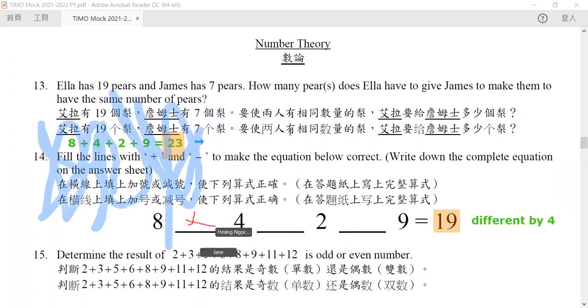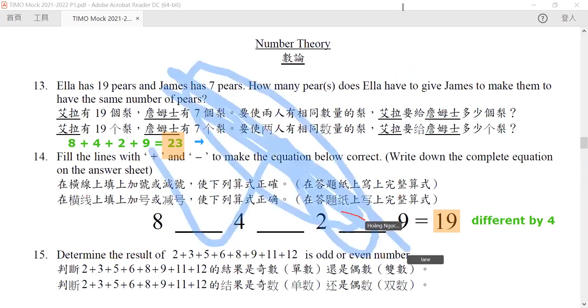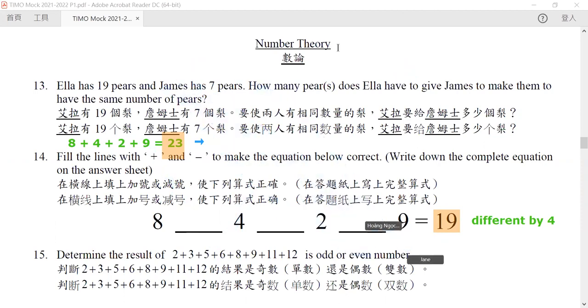This difference can only be obtained if you convert the sign of one of these numbers from plus to minus, and the number must be half of the difference. Hence, our answer should be 8 plus 4 minus 2 plus 9, which is equal to 19.